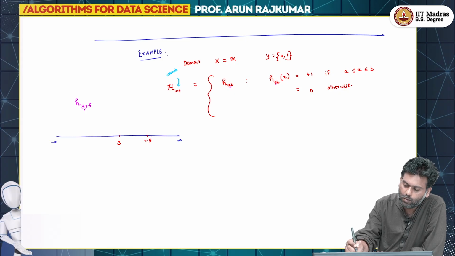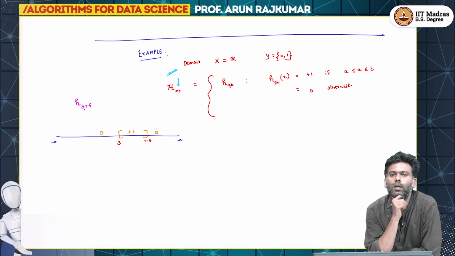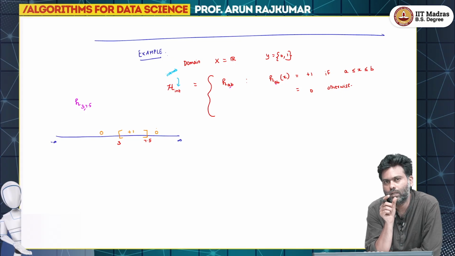If my input data point is in this interval, this classifier H_{3, 7.5} will say +1. If it is less than 3 or greater than 7.5, it is going to say 0. That is, it is an indicator classifier of the interval [3, 7.5].